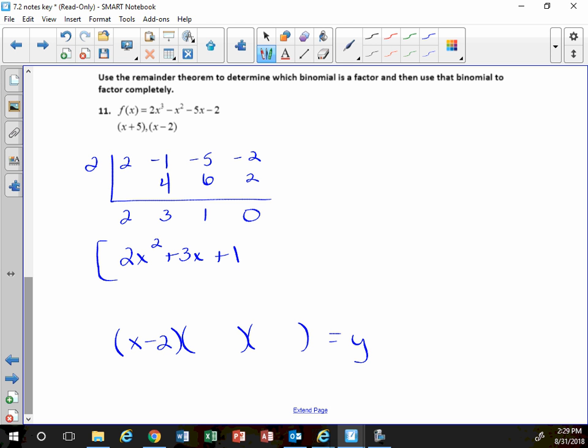No, it's not. It's x minus 2. But if it becomes backwards, it's multiplied. That's what I'm saying.